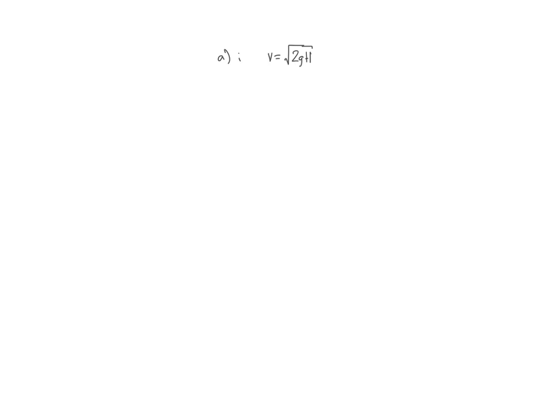Part 2, the speed of the plate immediately after the clay strikes it. Well, this is a collision between two objects, so you want to set the initial momentum, m1 v1 initial plus m2 v2 initial, equal to, now since they're stuck together, m1 plus m2 times v final. We'll let the first term represent the clay, so that'll be m times the speed v, which is the same speed we got up here.